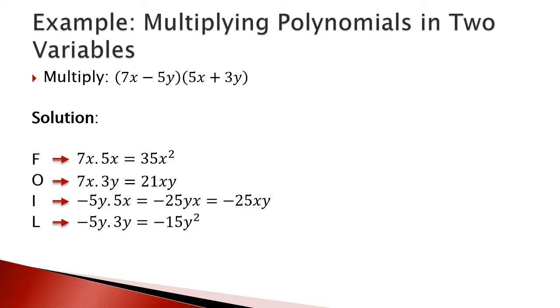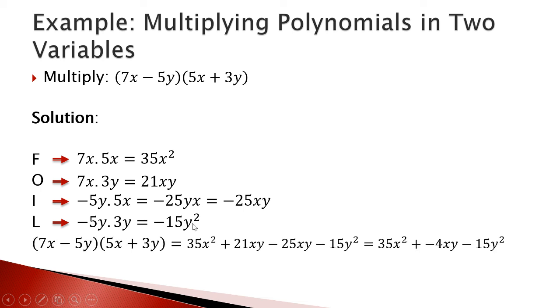So finally we have to multiply the second term in the first equation and the second term in the second equation. So we have to multiply negative 5y times 3y. So negative 5 times 3 it is negative 15, and y times y it's y squared. So we have to combine these terms together. So we will get 35x squared plus 21xy minus 25xy minus 15y squared.